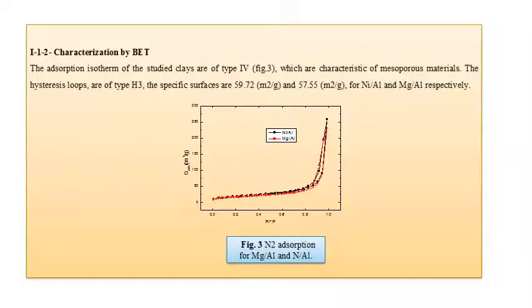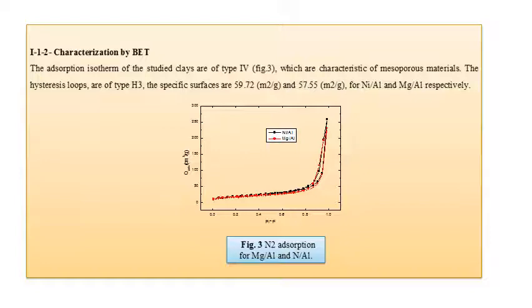Characterization by BET. The adsorption isotherms of the studied clays are of type 5, figure 3, which are characteristic of mesoporous materials. The hysteresis loops are of type H3.